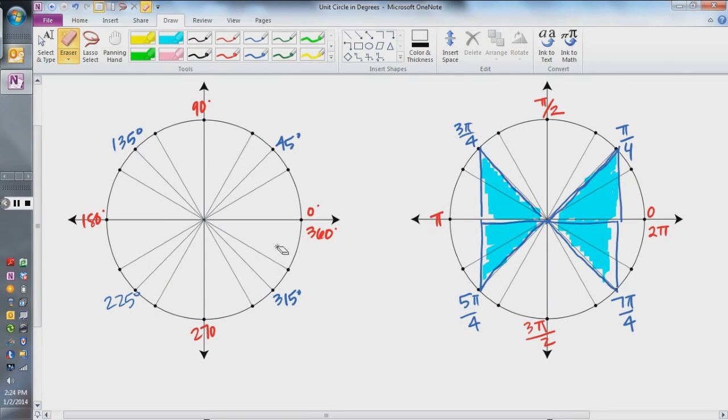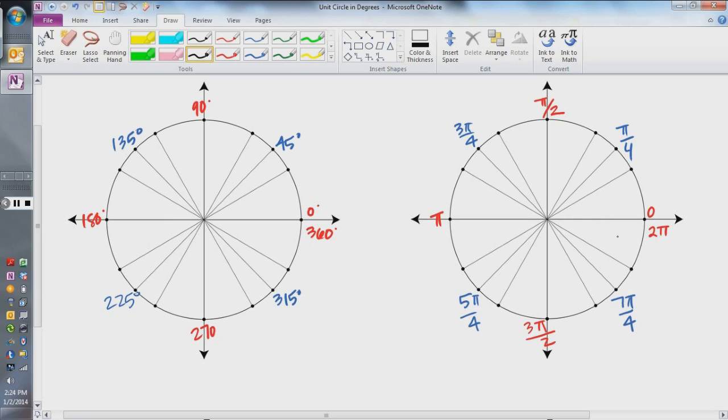Our 30, 60, 90 special right triangles, I will write in black, and here we go. If I drop a perpendicular, this has a reference angle of 30 degrees. If I come up here, this has a reference angle of 60 degrees.